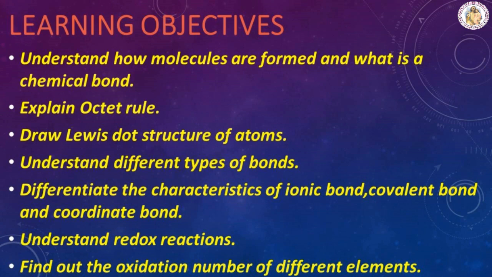Then, differentiate the characteristics of ionic bond, covalent bond and coordinate bond. Understand redox reactions. Redox means oxidation and reduction takes place simultaneously. And find out the oxidation number of different elements.